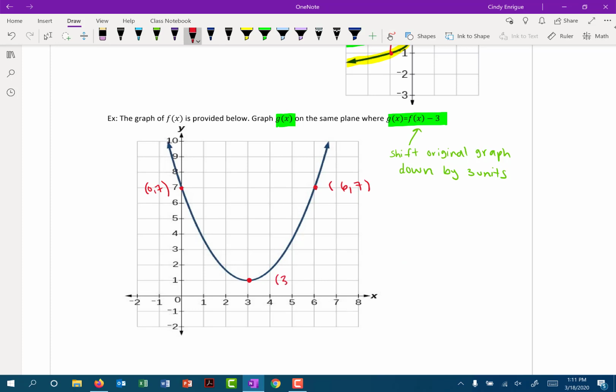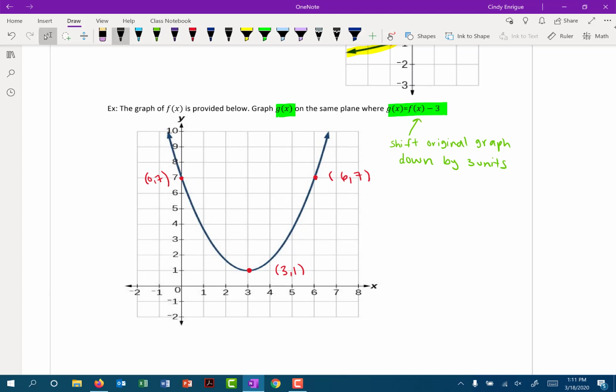So remember, this is 3, 1. That makes it a little bit better. So if I want, I can go ahead and make my points of f of x. I don't know exactly what the function is, although just by looking at it, I can see that it's going to be a parabola. But I know that my points are 0, 7, 3, 1, and 6, 7.